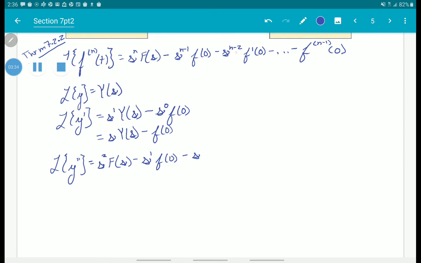And then this is going to be s to the 0, f prime of 0. So you've got to stop when you get to n minus 1, which will be 0. So you can't go below s to the 0 power.